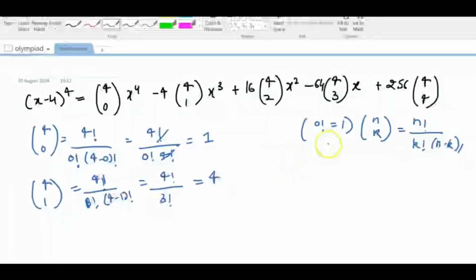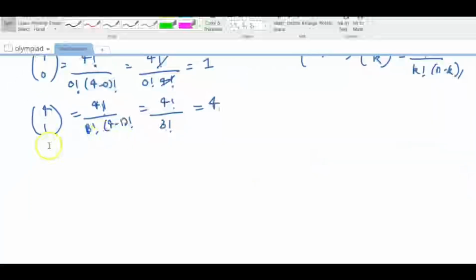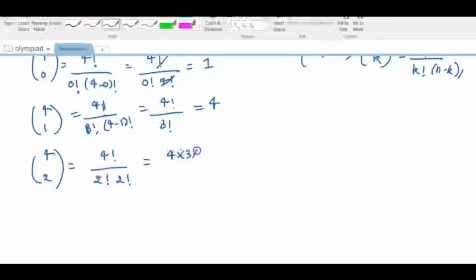Similarly, the binomial coefficient 4C2 would be factorial 4 divided by factorial 2 into factorial 2, and here you will get 4 into 3 into 2 into 1 divided by 2 into 2, so the value would be 6.